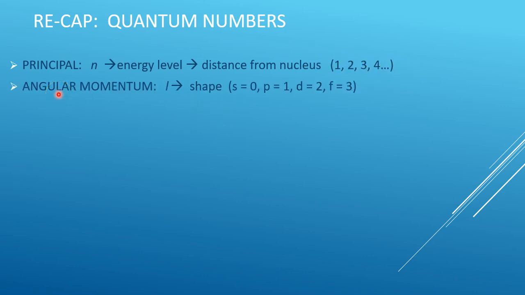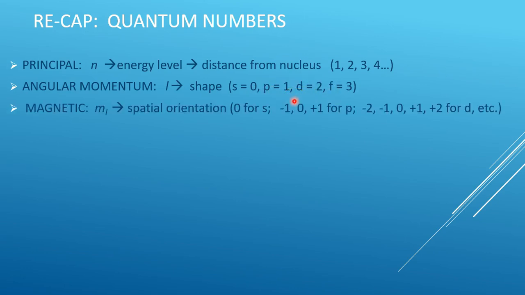The angular momentum number, or the l, also known as the shape number, represents the shape of the orbitals with the value 0, 1, 2, 3, or the s, p, d, f orbitals that we looked at in the previous lesson. The magnetic quantum number is represented with the letter ml.